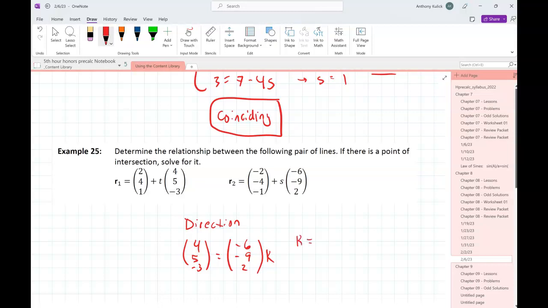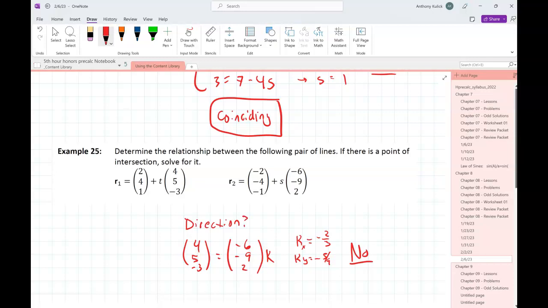So if I divide both sides by -6, I get -2/3 for the x. For the y, I divide both sides by -9, I get -5/9. And already I can see, no, they're not parallel. Or they don't have the same direction, right?